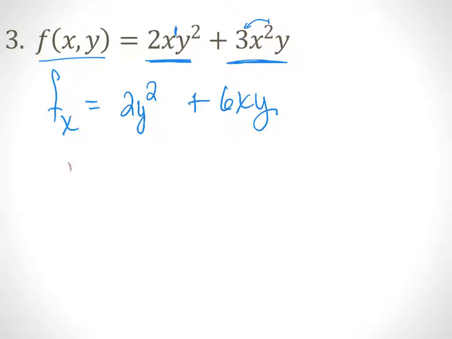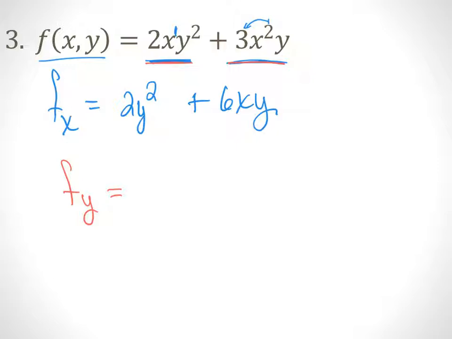When we look at the partial derivative with respect to y, again, we have y's in both terms, so we're going to get two terms in our partial derivative. The first piece, with respect to y, the 2x is a number. It's just going to come along like it's a coefficient. We're going to bring this 2 down, multiply it by the 2 to get 4.